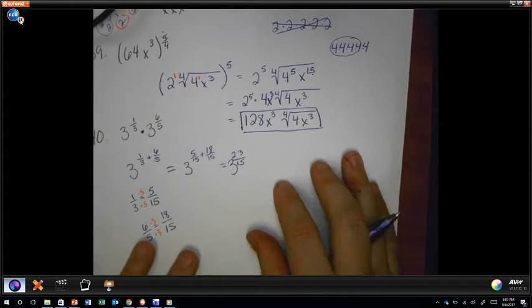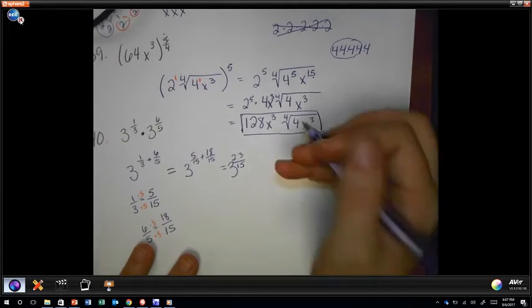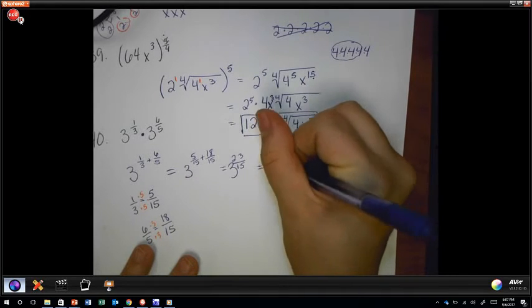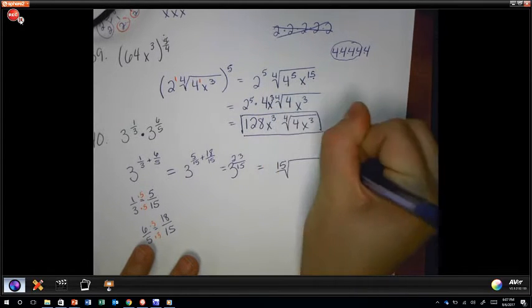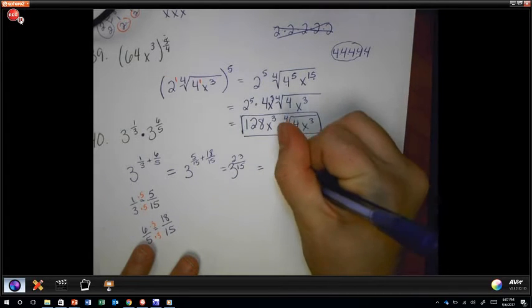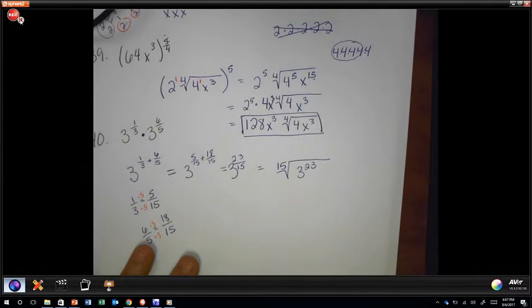Our problem says to write each answer in simplified radical form. That would mean my index is 15, and I have 3 to the 23rd power.